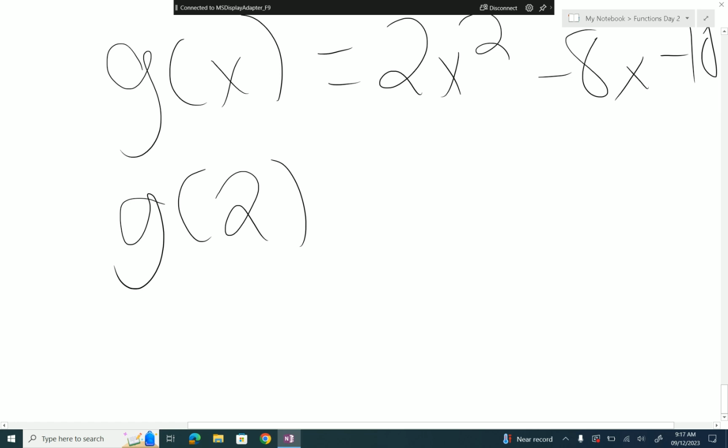What's the 2 replacement? Instead of x, that's 2. So everywhere you put 2, you need 2 times 2 squared minus 8 times 2 minus 10.